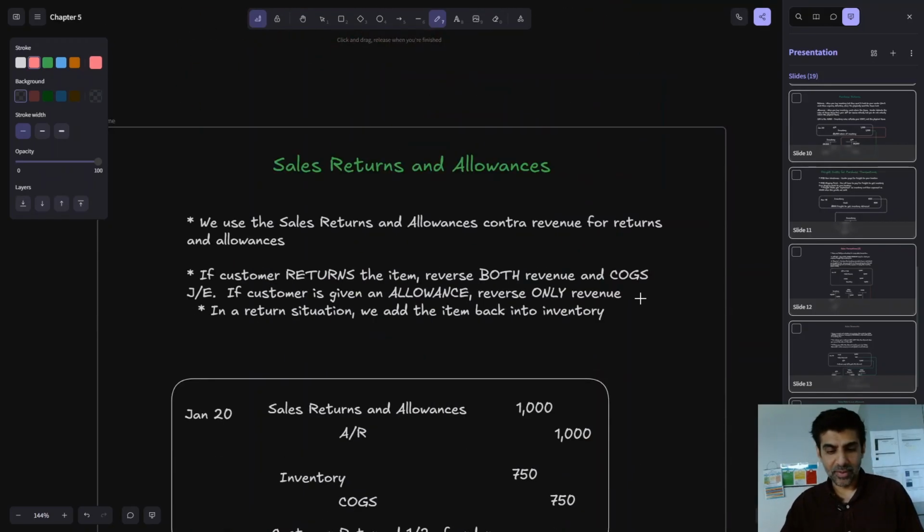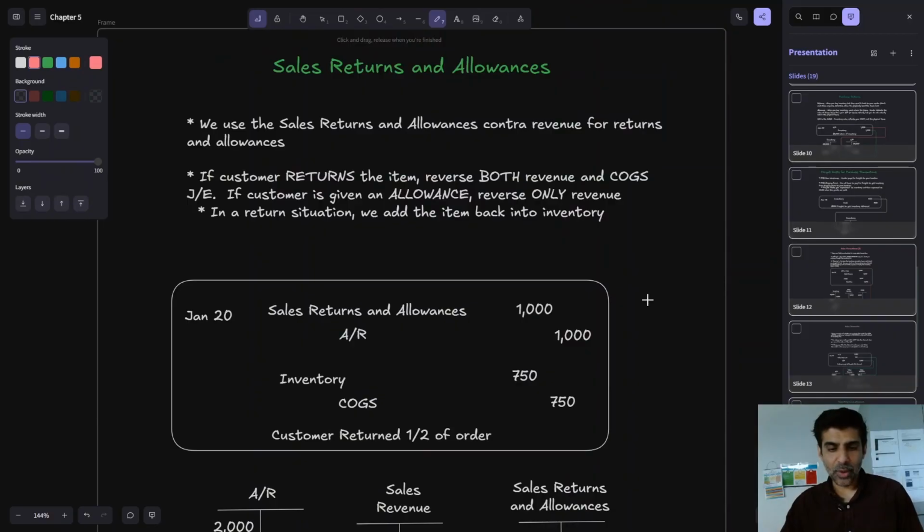Okay, good. So again, we have the same thing with sales returns and allowances. There is a difference now, right? When we're talking about purchase transactions, a return. Does anyone remember what the difference between a return and an allowance is? Who remembers what the difference was?